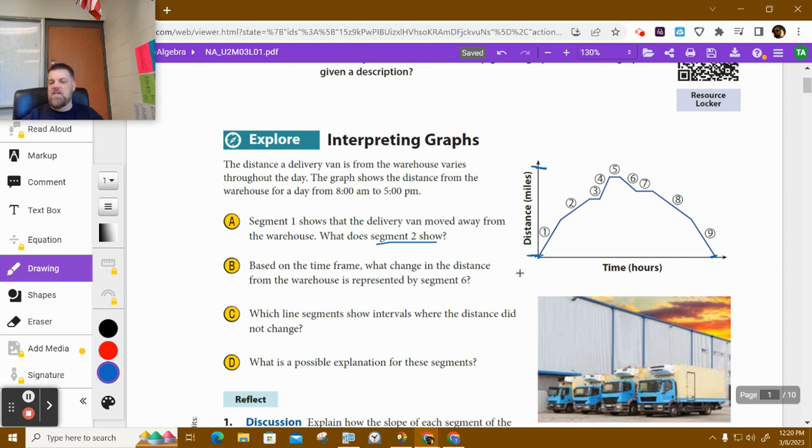Right down here, you are 0 units away. Up here at segment 5, that's the furthest distance away. That's when you're the furthest away. Okay?